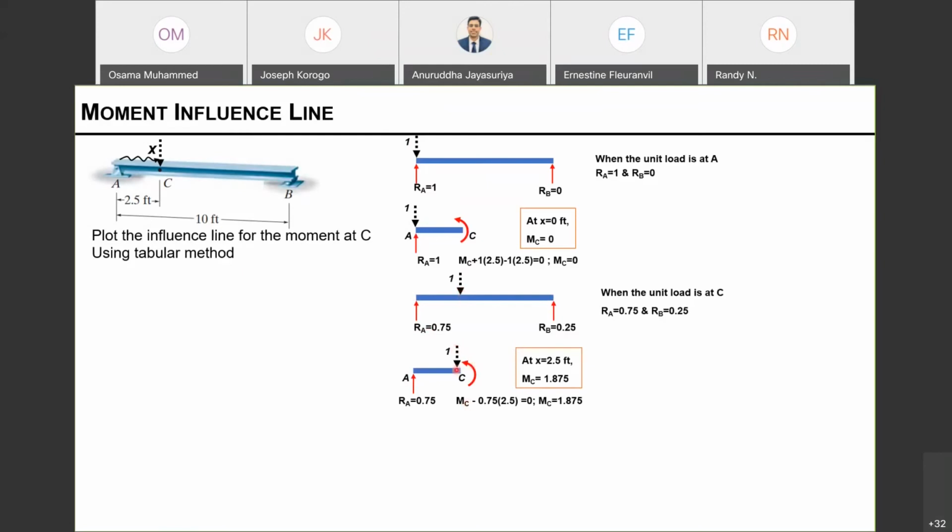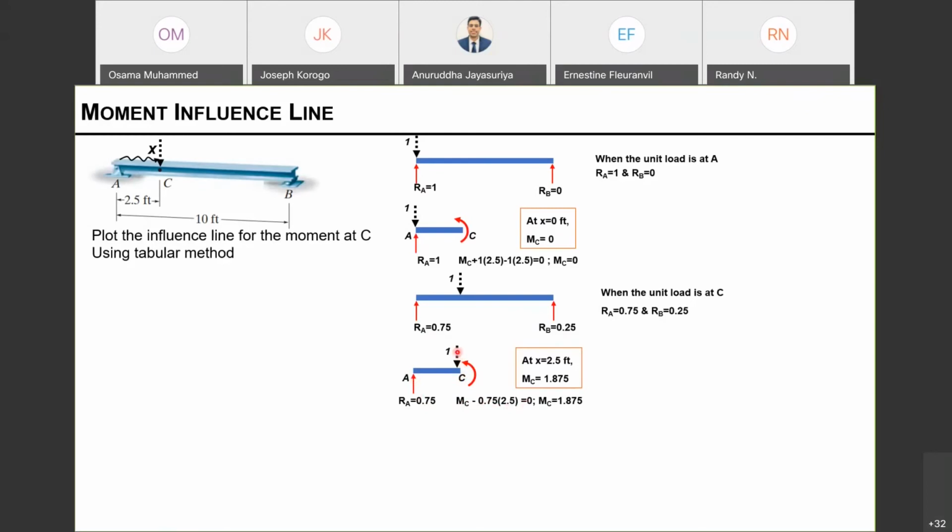So now my unit load is at C, and this is the support reaction. And now I'm writing the equilibrium equation for the moment about C. This is positive MC, negative 0.75, the magnitude, times the lever arm, or the moment arm, which is 2.5, equal to 0.